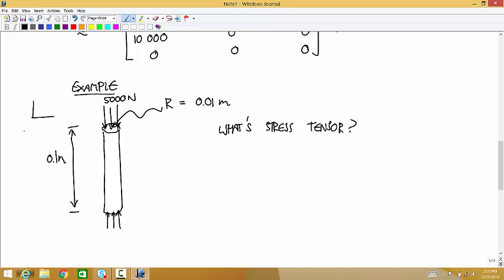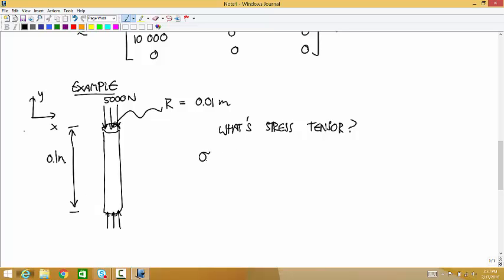I guess I'll use the same coordinate system again. Well, this isn't shaped like a stress element, but the only loading is on the positive y and negative y faces.